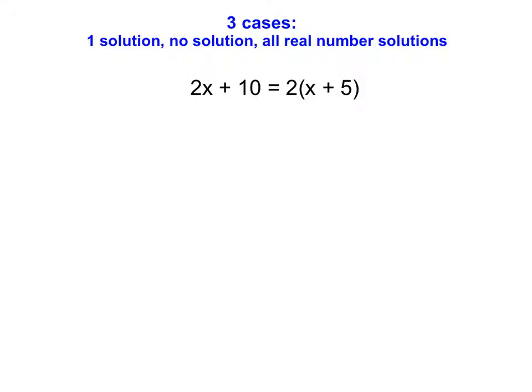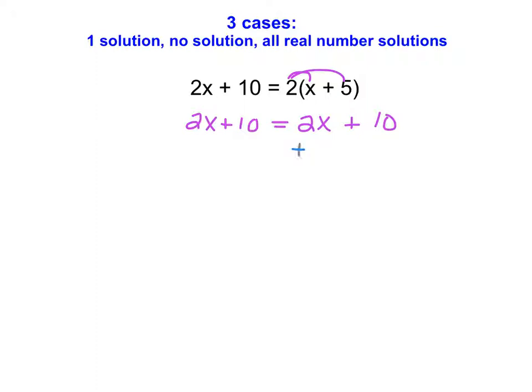All right, so again, we're going to dive in, start solving, and see what happens. So I'm going to start by utilizing the distributive property here. So I have 2x plus 10 is equal to 2 times x is 2x plus 2 times 5 is 10. Then what I'm going to do next is start getting all of those variables together.